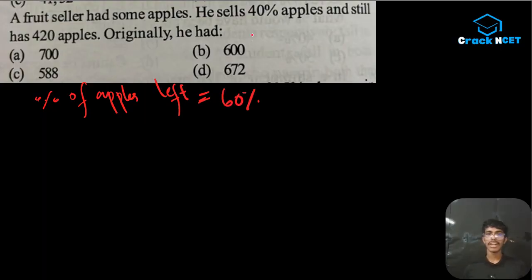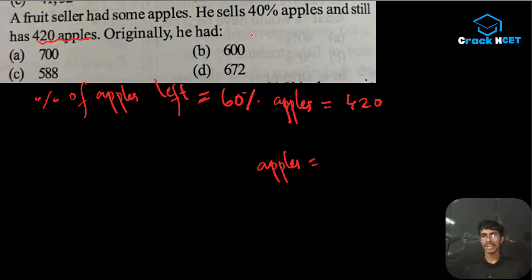And he has still 420 apples. So 60% of apples का value दिया है 420. ठीक है? Originally he had. So 100% of apples कितना होगा? This is what we have to find.